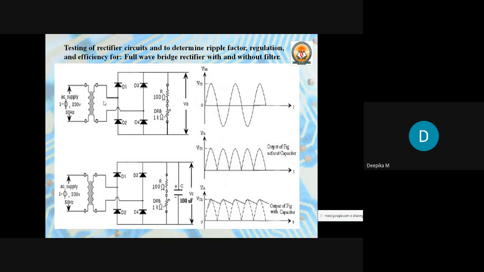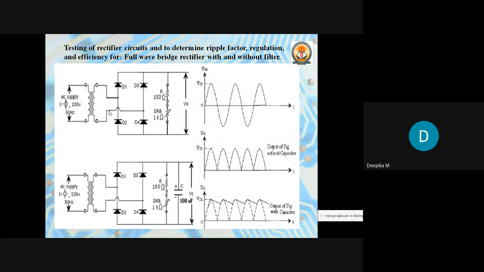And coming to the working, in the positive half cycle, D1 and D4 are forward biased. So these two will conduct, and the current will flow from the transformer to D1, to the resistors, that is the load, then to D4 and back to the transformer. In the negative half cycle, D3 and D2 are going to conduct.